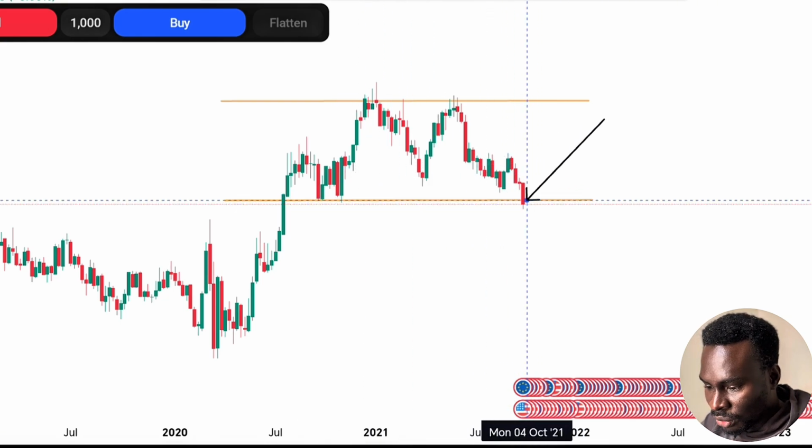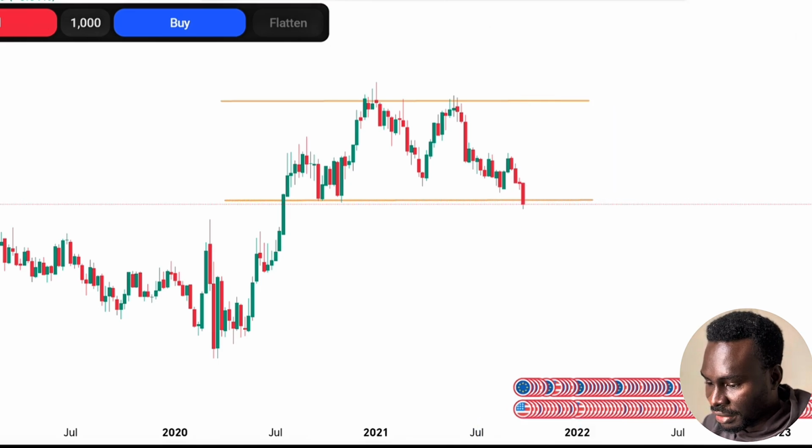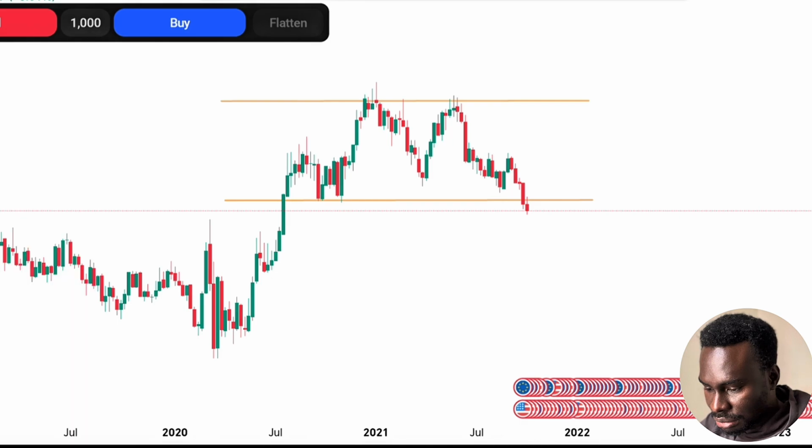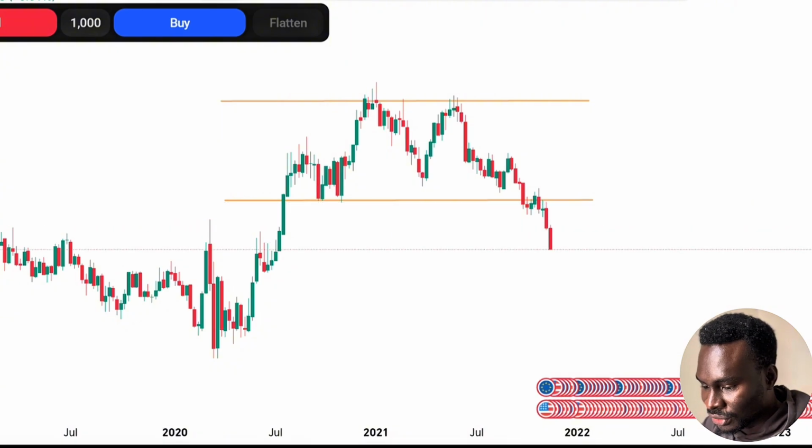Just see what happened as price reacted around this zone. You can see we retested it, and then from there price just tanked all the way down, like so. If you can match your zones with break of structure or trend shifts, awesome.